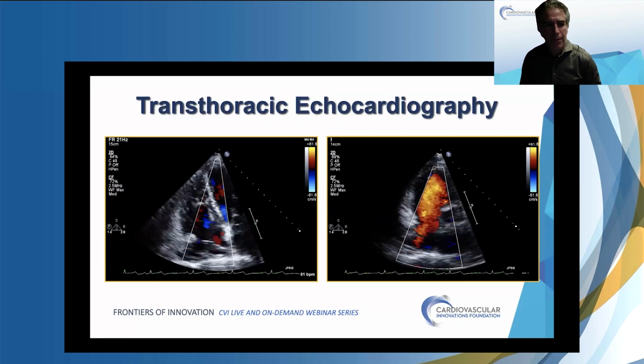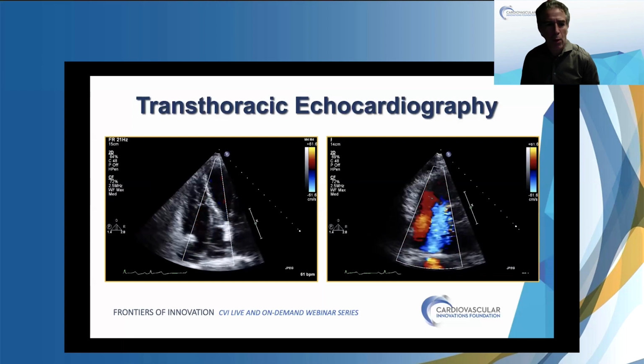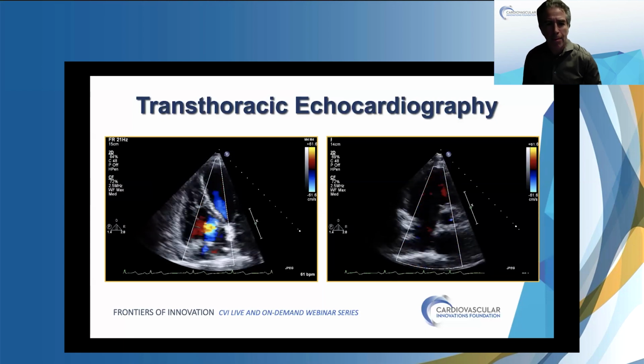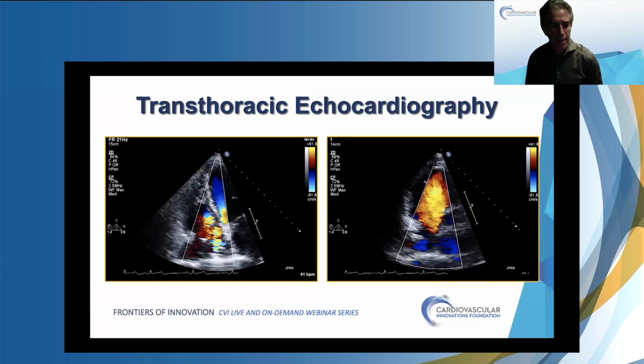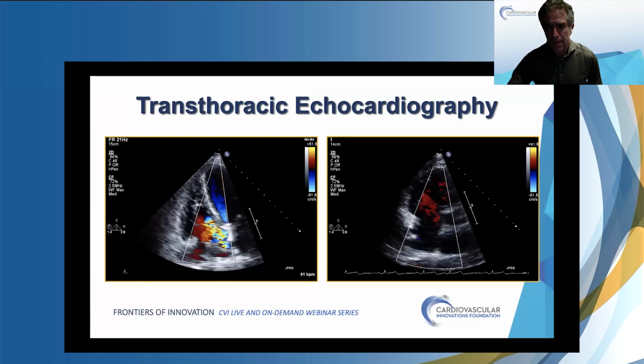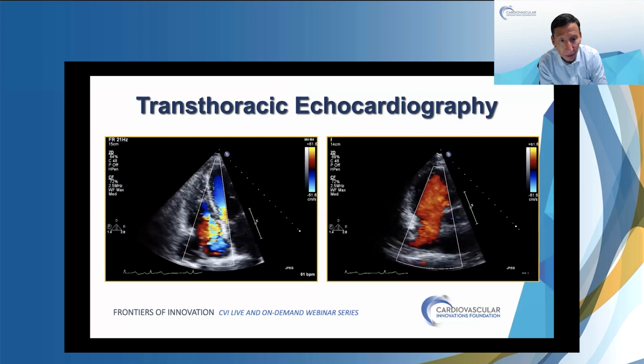So here are some representative echoes. And I know, Steve, you want to weigh in. It's not a comprehensive look at the TR, but any thoughts on this TR, what your takeaways are? Yeah, that first shot on the left, thank you, Matthew.